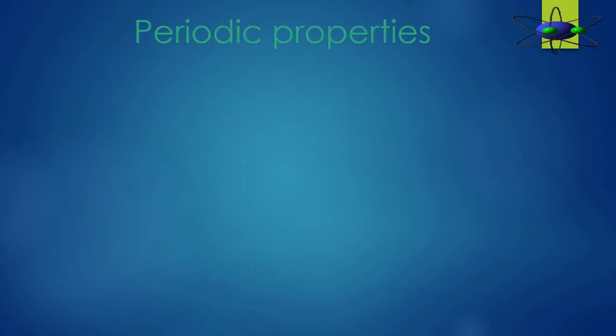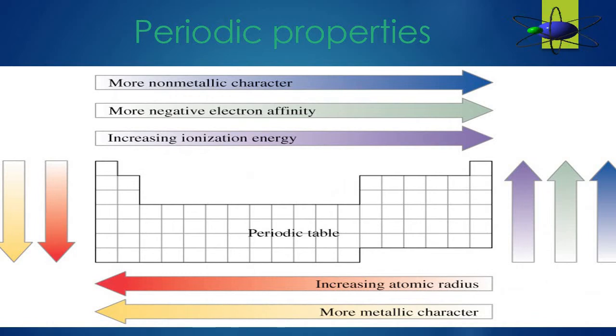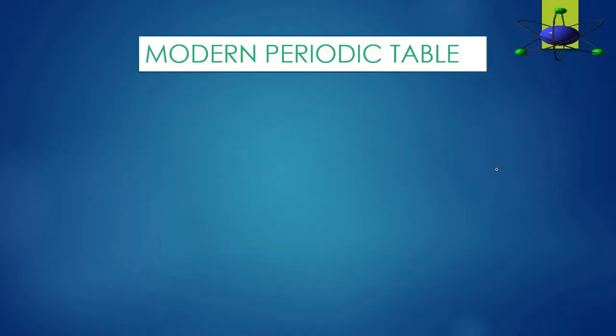Now we see the arrangement of periodic properties: some properties increase or decrease from left to right, and some increase or decrease from top to bottom or bottom to top. So students, next slide we see the modern periodic table.